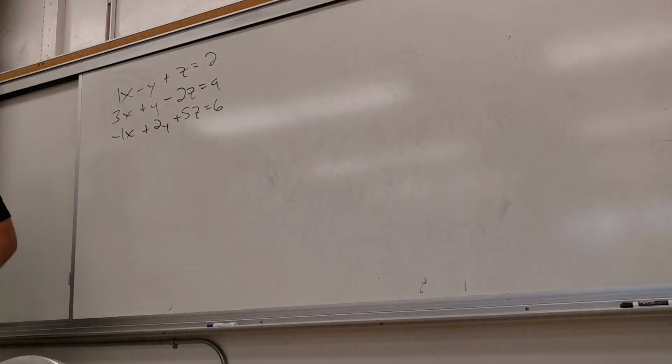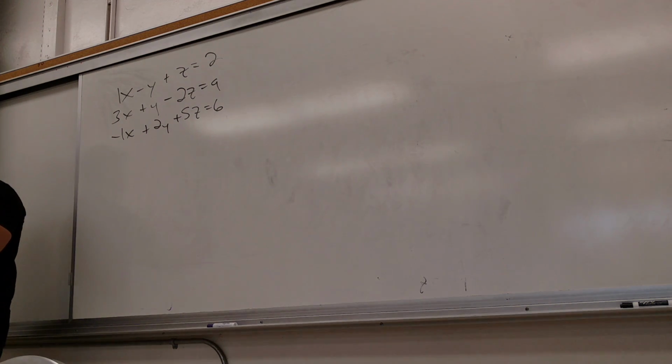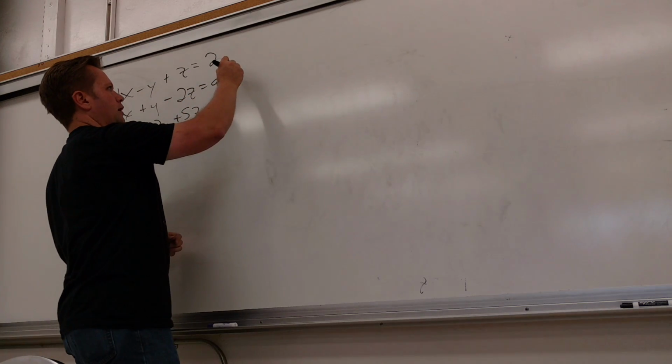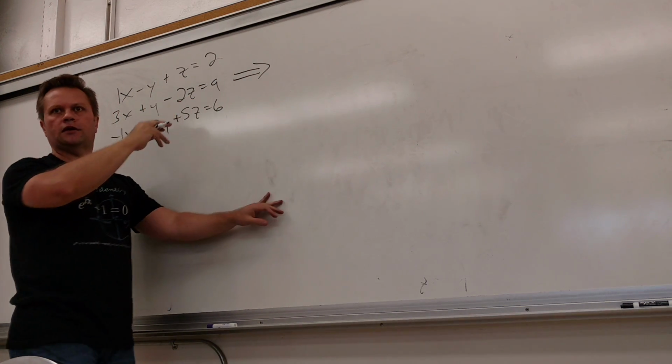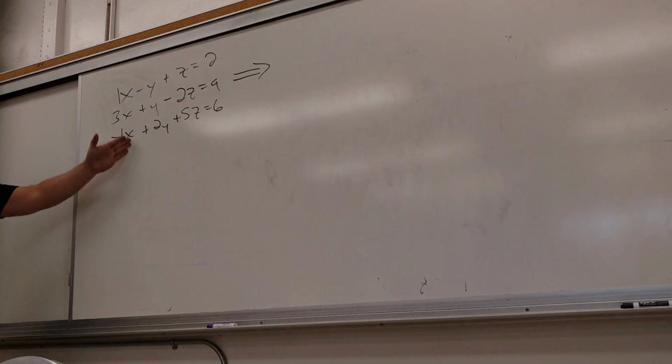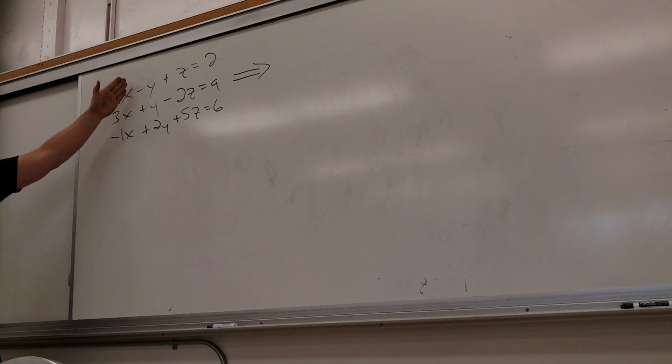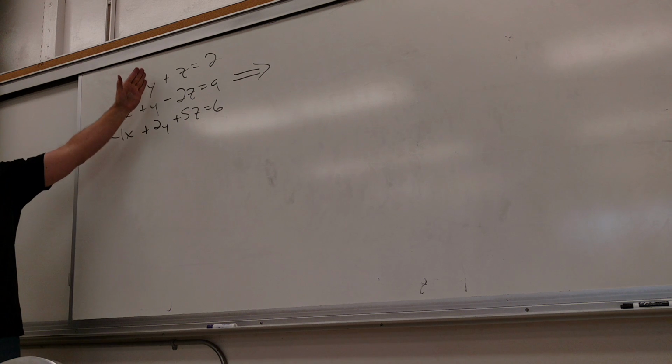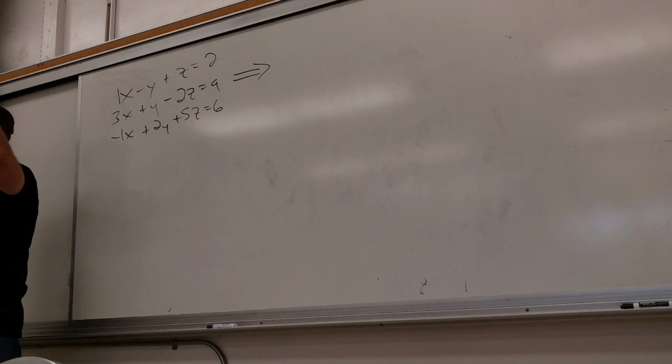Okay. So here's what it looks like. It sort of feels a little bit like synthetic division in a certain way. So when I write this as a matrix, I first make sure that everything is lined up. If I had some X's and Z's and Y's, that's no good. I need this to be the X column, the Y column, the Z column.